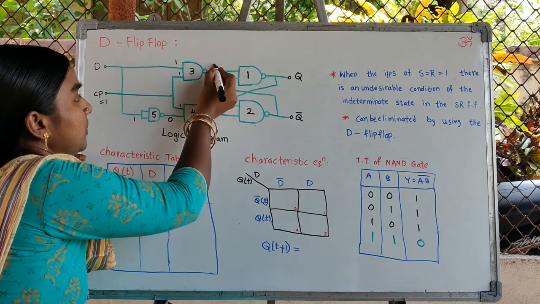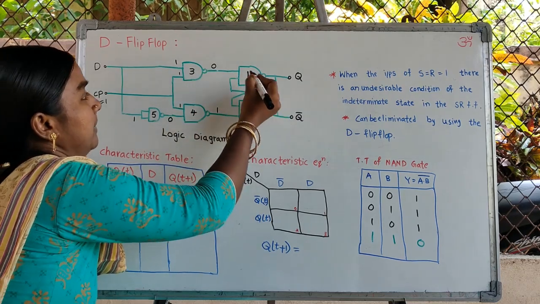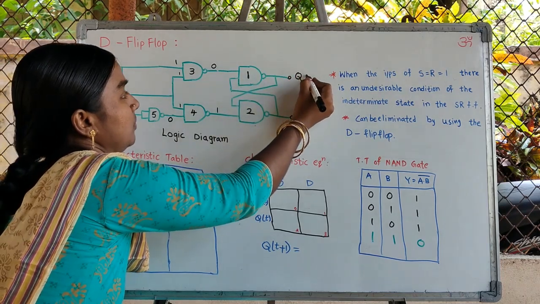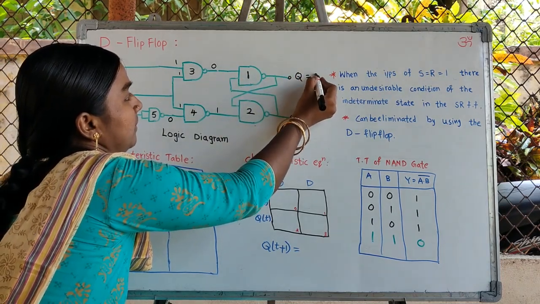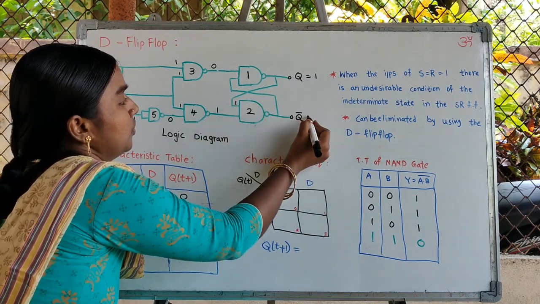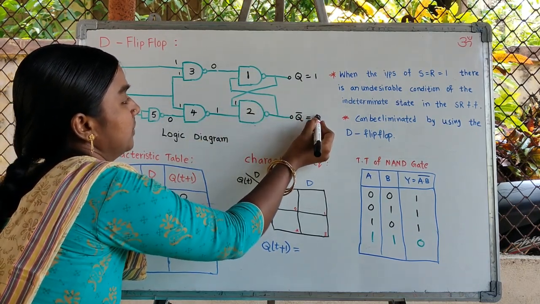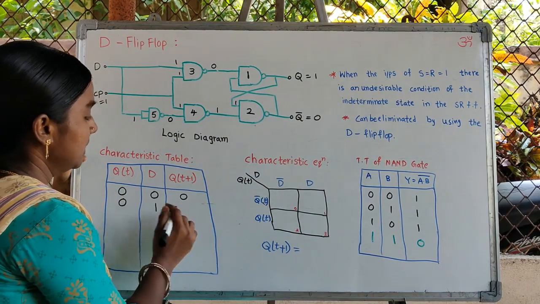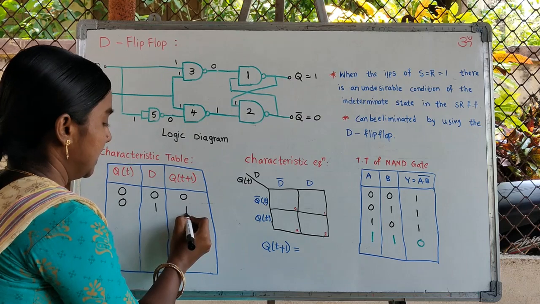Third NAND gate output is going to be 0 here. By applying 0 as input to the first NAND gate, the output is going to be 1 here. After applying here, the Q complementary is going to be 0. So when we are applying D input equal to 1, the output is going to be 1 here.